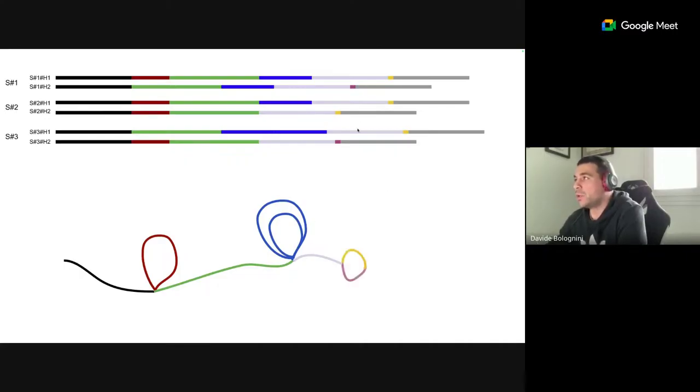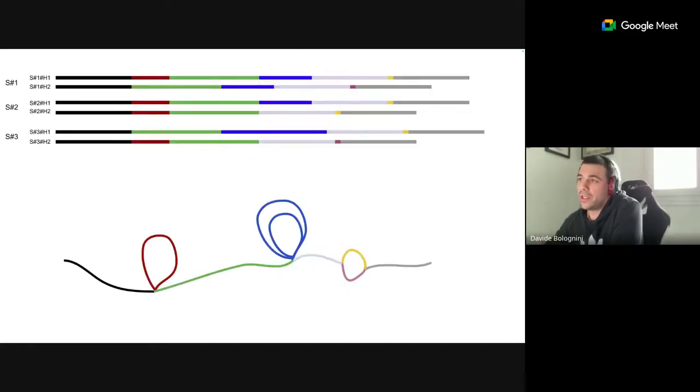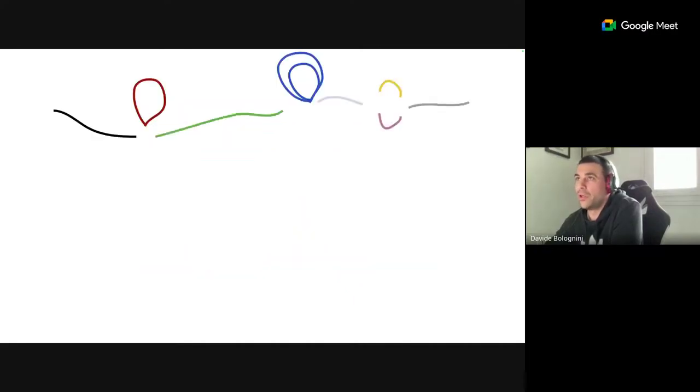And then again, you can go through the yellow or the pink node, and then again to the gray one. That's how you construct the variation graph from these six paths. And of course, those are nodes.